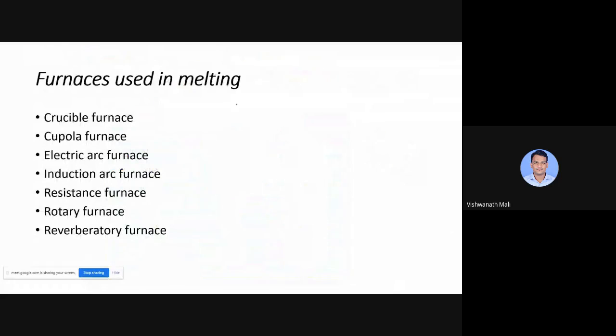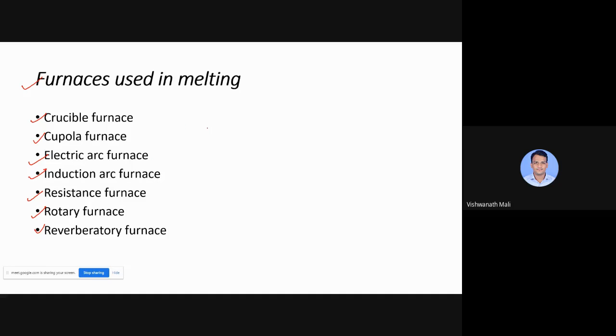Next, the furnaces we use for getting that much heat. These are the furnaces used for melting in the casting process: crucible furnace, cupola furnace, electric arc furnace, induction furnace, resistance furnace, rotary furnace, and reverberatory furnace.